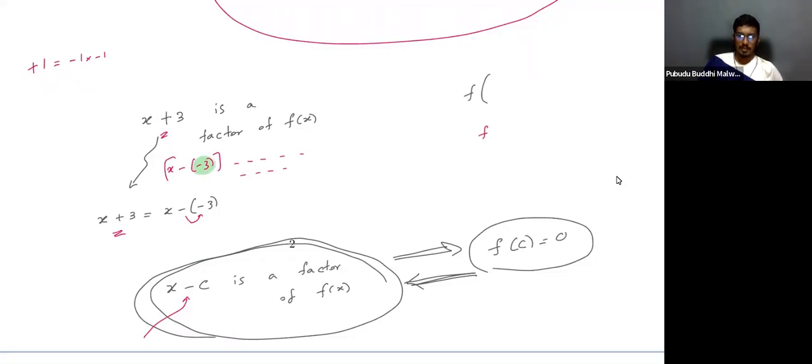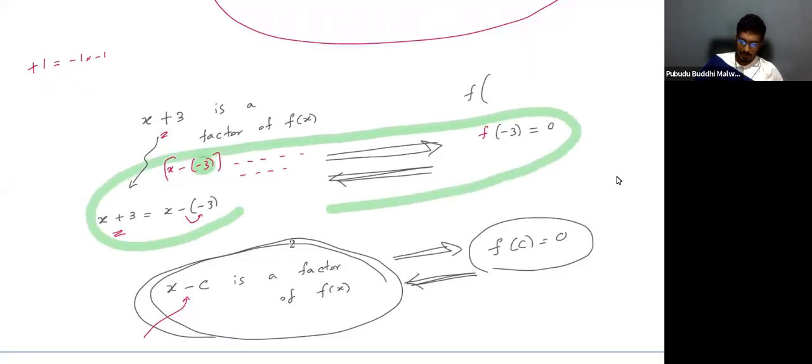Can you see that? F of minus 3 equals 0 or not. That's what we are going to check. So that's the factor theorem for x plus 3. That's very important because x plus 3 is the same as x minus minus 3.